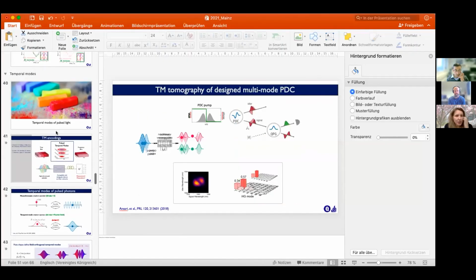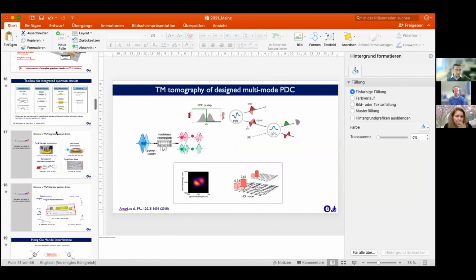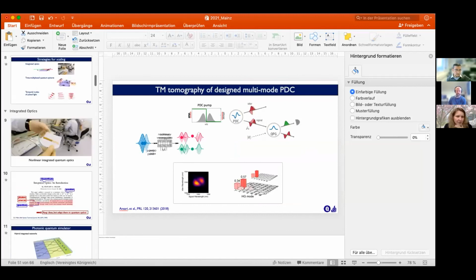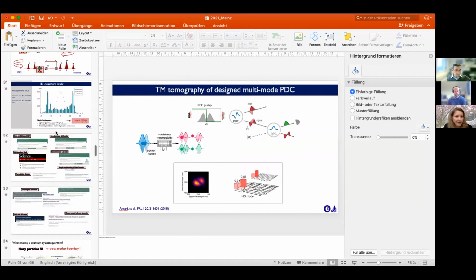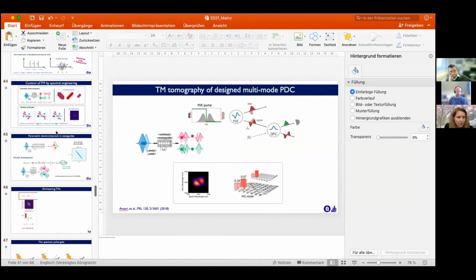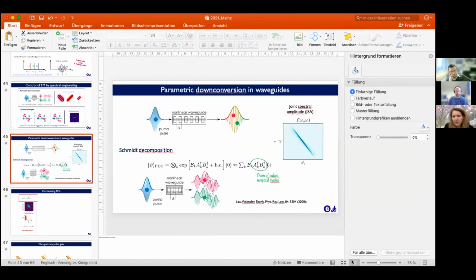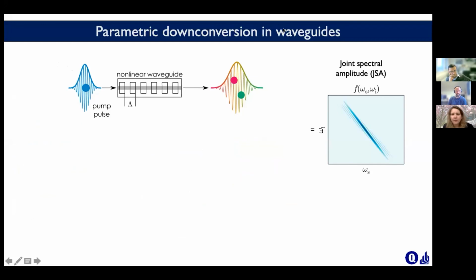Let me try to jump to that slide. This is why I was a little bit quick. Let me try to go to the intro and show it to you. Where it comes from is basically this slide. So if you pump a nonlinear waveguide with a Gaussian pump, what you end up with is a joint spectral amplitude.